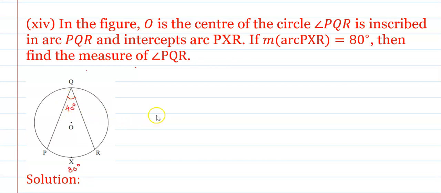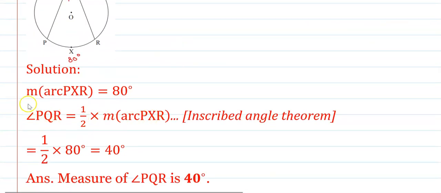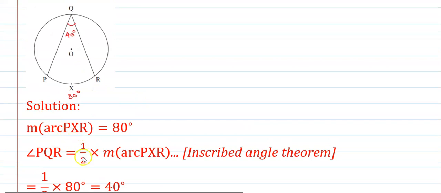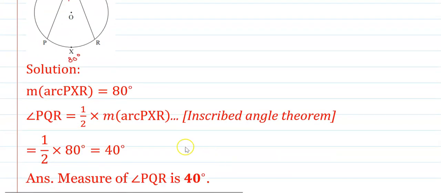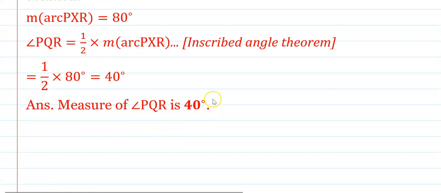Okay. Now we find out the answer. Measure of arc PXR is equal to 80 degree. Angle PQR is equal to 1 upon 2 into measure of arc PXR by the inscribed angle theorem. Therefore, measure of angle PQR is equal to 1 upon 2 into 80, the measure of arc given, that is equal to 40 degree. Therefore, measure of angle PQR is equal to 40 degree.